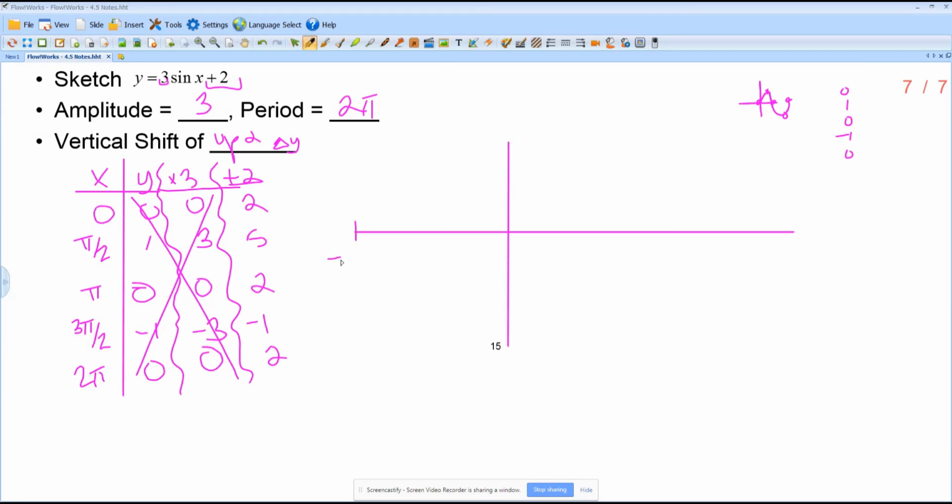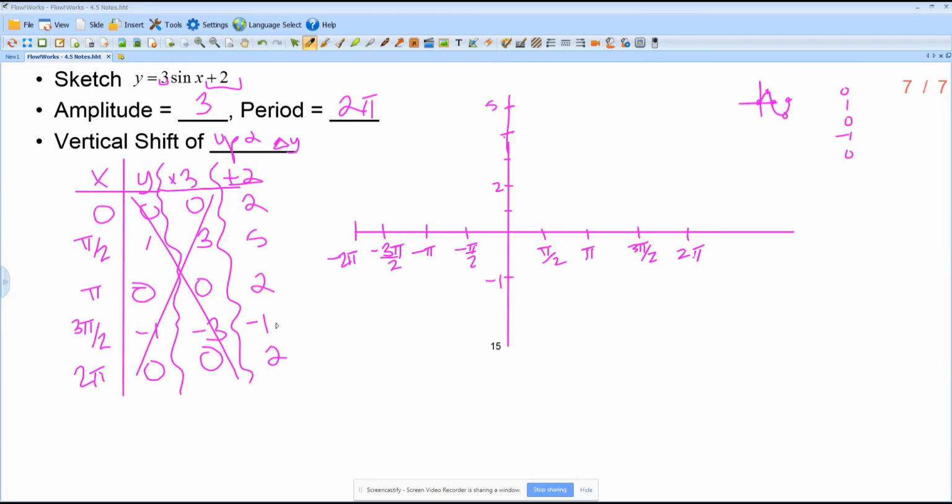I'm going from negative 2 pi, negative pi, negative 3 pi halves, negative pi halves, positive pi halves, positive pi, positive 3 pi halves, and positive 2 pi. The y values I'll need are negative 1, positive 2, and positive 5.